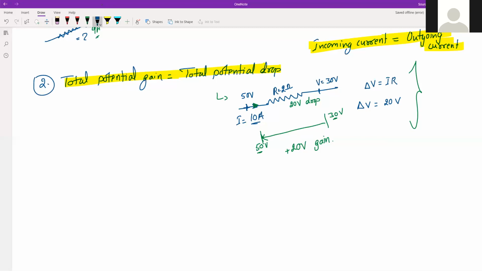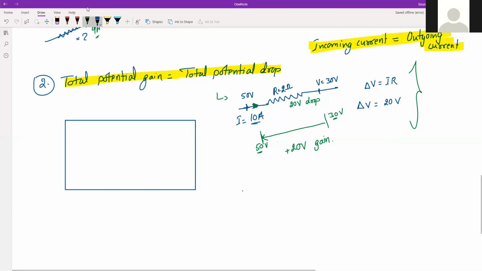For example, in this circuit there can be multiple cells. Suppose this is one cell, and suppose there is another cell like this, and suppose there is a cell in the opposite direction here.